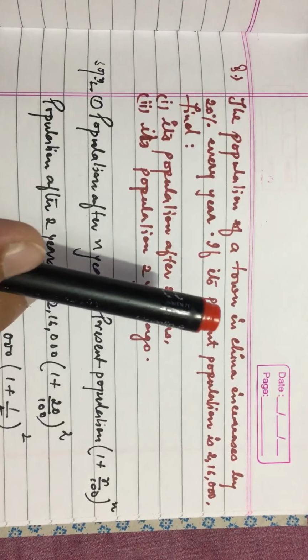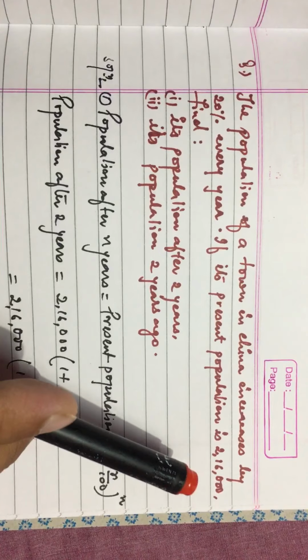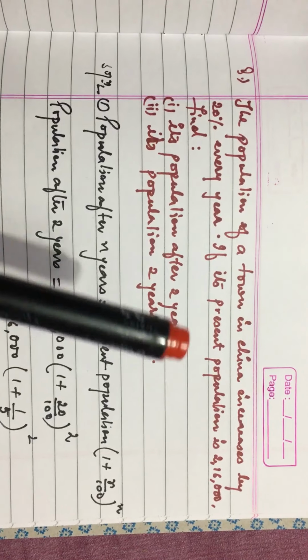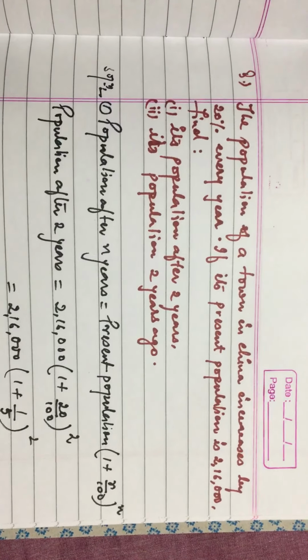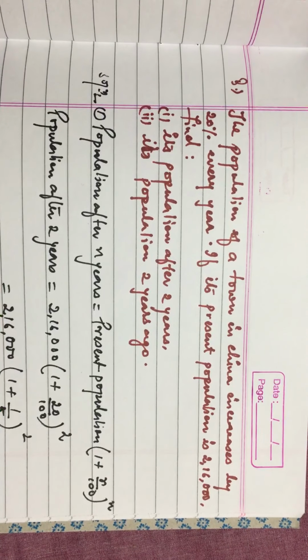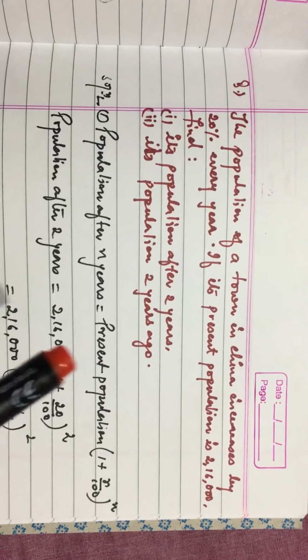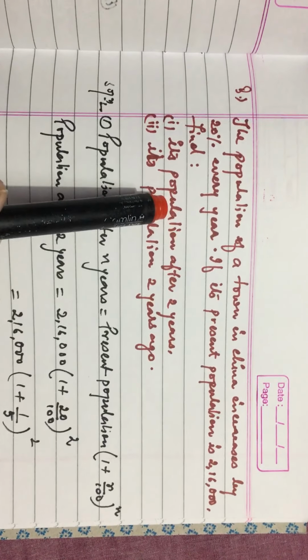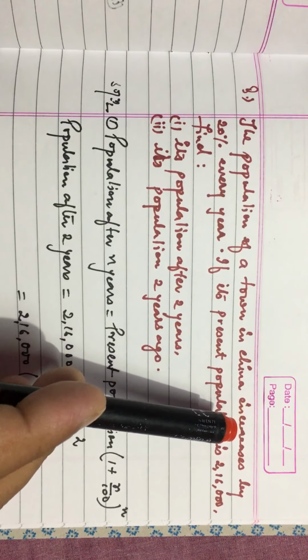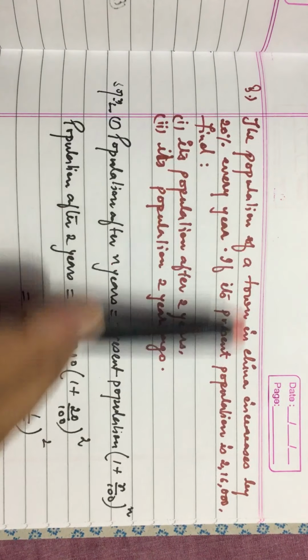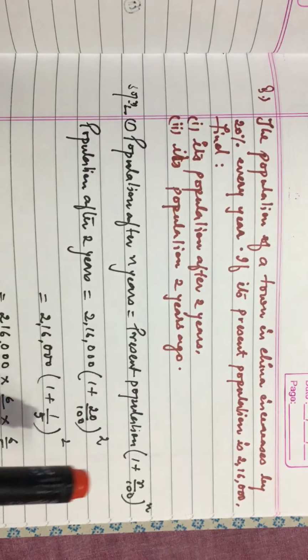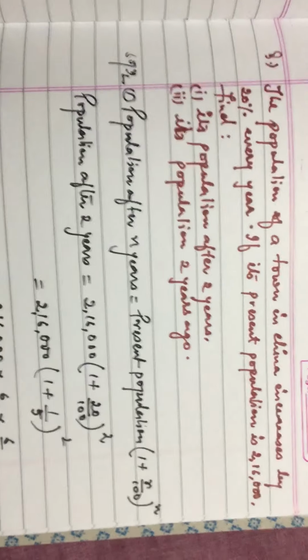In this question, the present population is given. We have to find the population after 2 years and the population 2 years ago. Since it is a town and the population is increasing, we have to use the formula 1 plus r by 100.